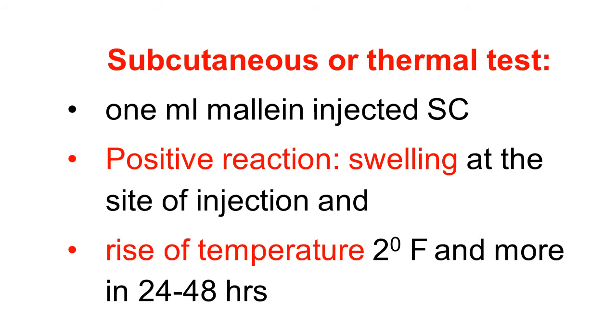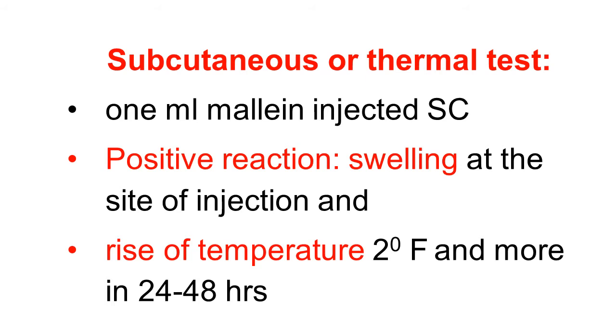Here we will discuss the subcutaneous or thermal mallein test. Here 1 ml mallein is injected subcutaneously. In the positive reaction, there is swelling at the site of injection in 24 to 48 hours.